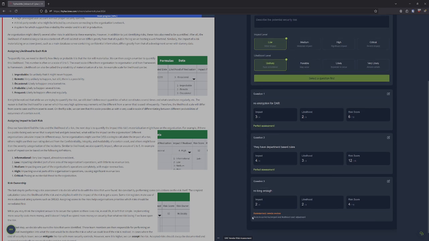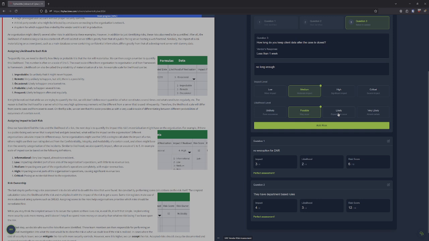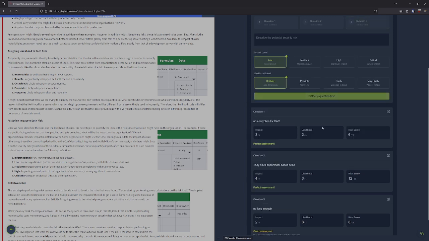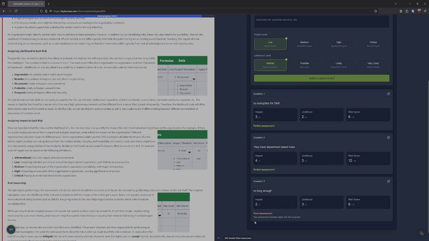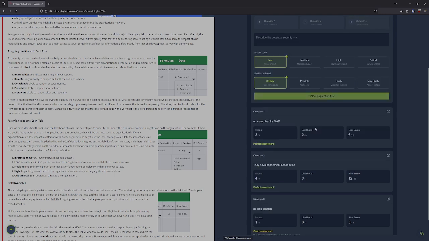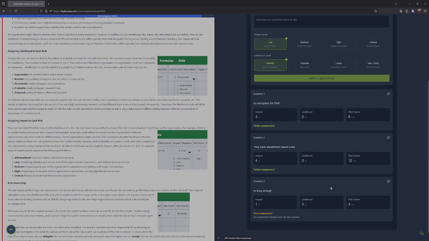This is kind of a pain in the ass. Score is correct, but impact is likely. Likelihood needs adjustment. So likelihood needs to be higher. Lower risk than expected.